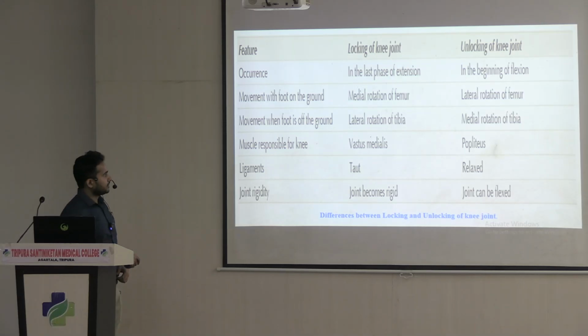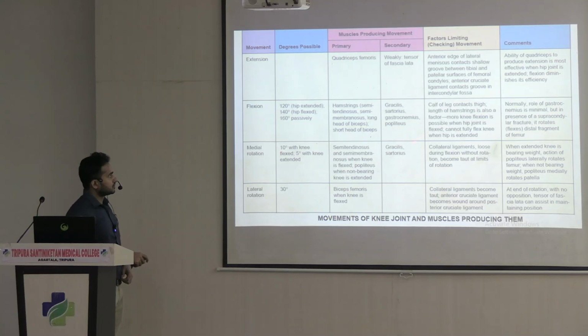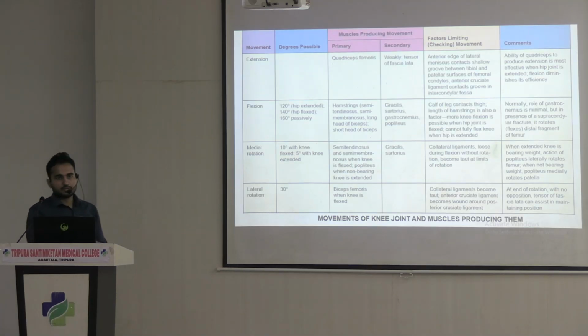Lastly, this is the chart. I request everyone to see the chart properly. It gives the movements taking place, and even the degrees of movement are mentioned, that means the range of movement. Then the muscles producing the movement, primary and secondary. Then the factors limiting the movement.